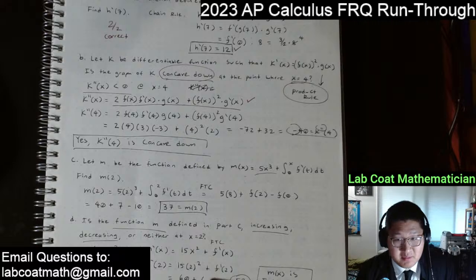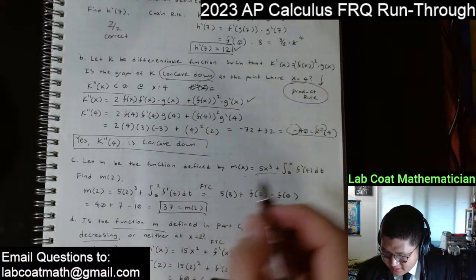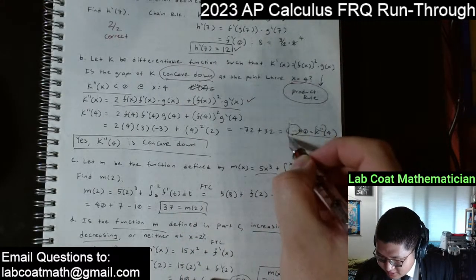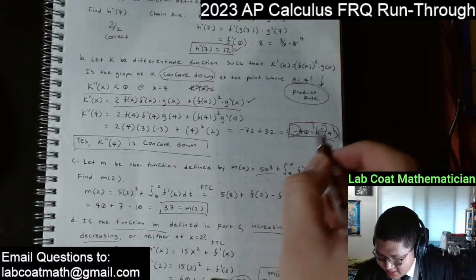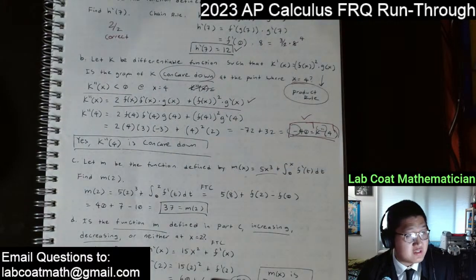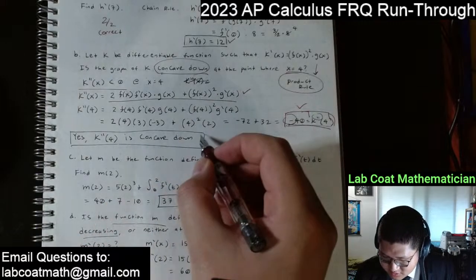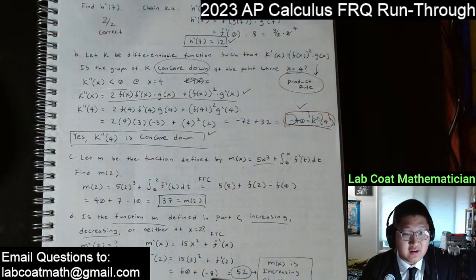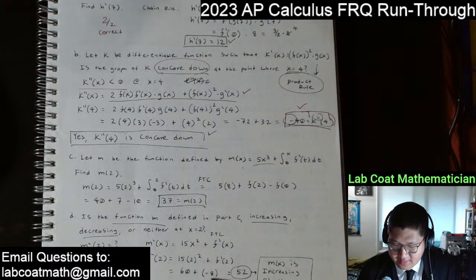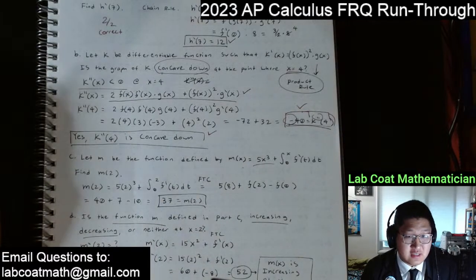Then, simply by plugging in the 4 and getting the final result of negative 40 as a result of the second derivative of k at 4, right? That's what they want to see, to show that we plugged everything in properly to get that result. Then our reason, of course, is that yes, indeed, it is going to be concave down at that second derivative point at x is equal to 4 that they were asking for.